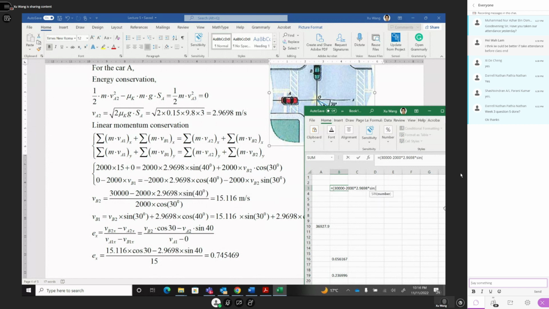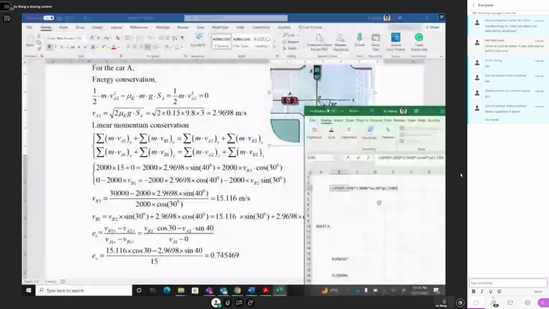Be careful, all the angles inside sine should be typed in radians, not degrees. How can we convert the degree to radians? You have to use 40 multiplied by pi divided by 180. Then you make a conversion, changing the 40 degrees to radians inside. Then you can do this calculation.